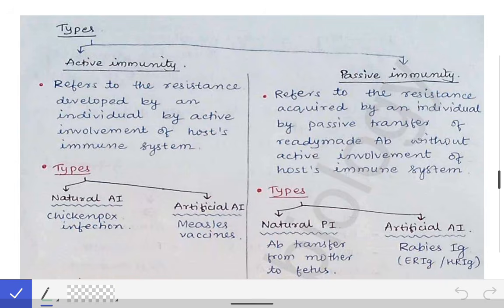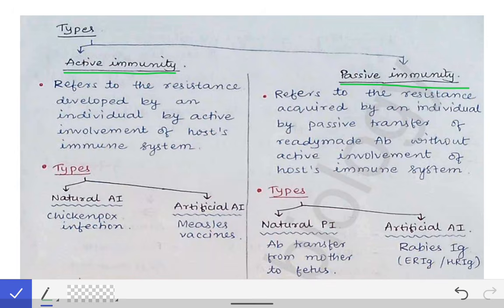Okay, now coming to the types of the acquired immunity. So acquired immunity is classified into the active immunity and the passive immunity. The simple difference is that the active immunity is that type of acquired immunity where the host's immune system is actively involved, while the passive immunity is that type of acquired immunity where the immunity is delivered to the host from outside without the active involvement of the host's immune system.